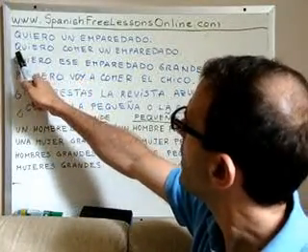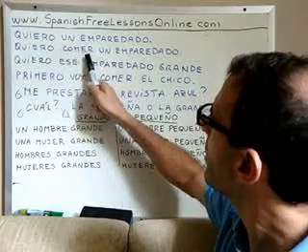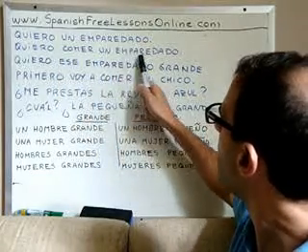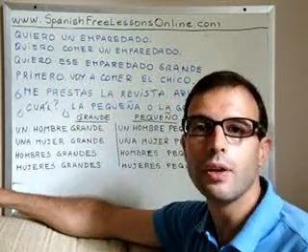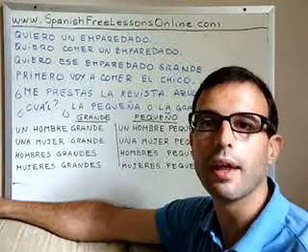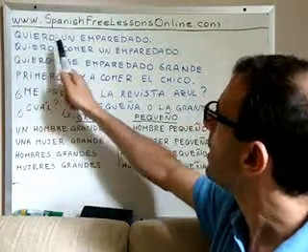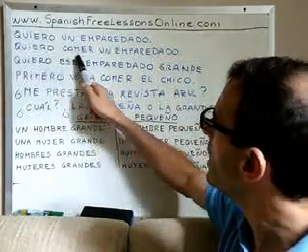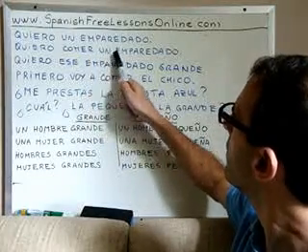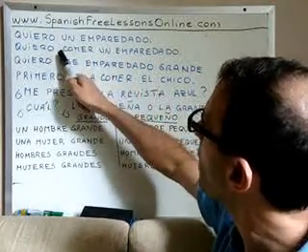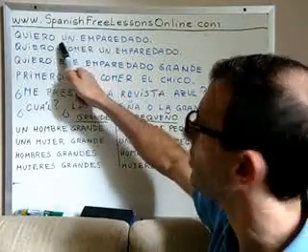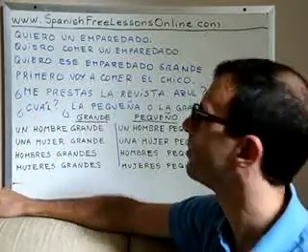Now, quiero comer un emparedado. Quiero comer un emparedado. This means I want to eat a sandwich. Comer is in the infinitive. It means to eat.